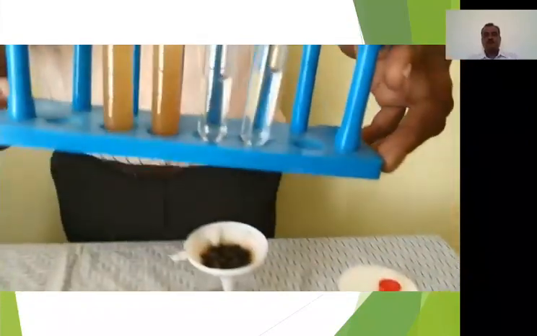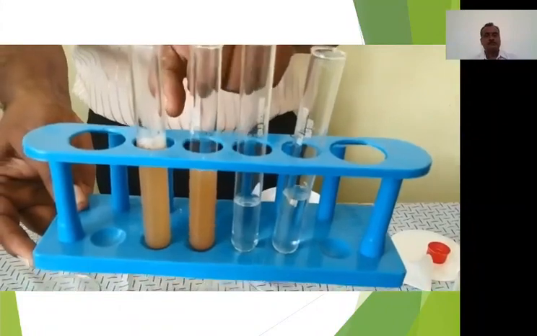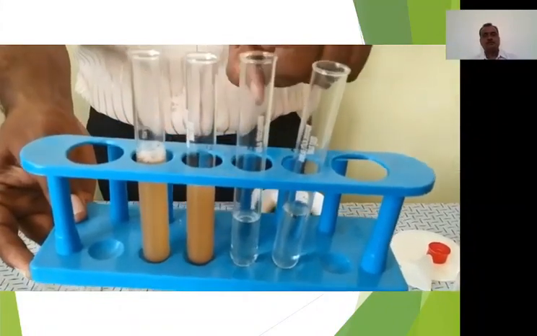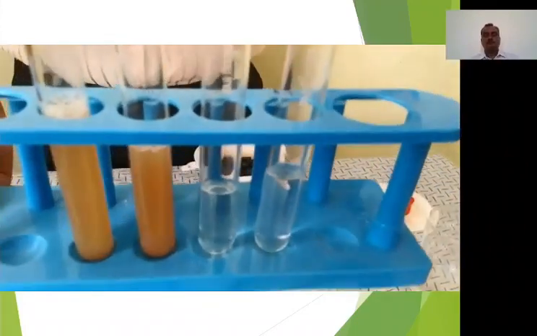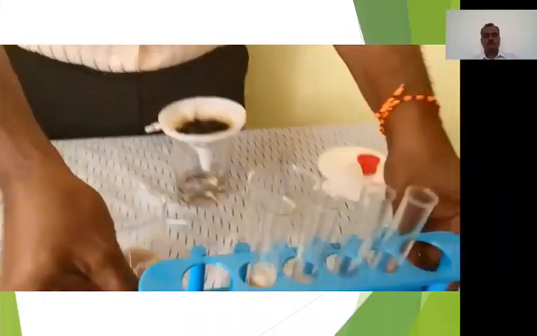What you observe is that the dirty water sample 1 has been purified by this method, as you can see in sample number 4. A similar kind of method is used in the wastewater treatment plant on a large scale to turn wastewater into pure or clear water. Thank you. Thank you very much.